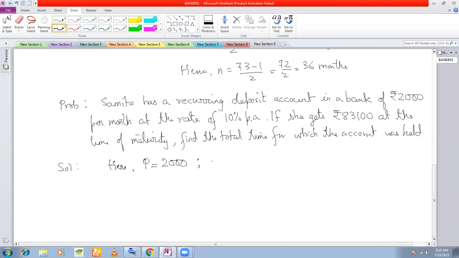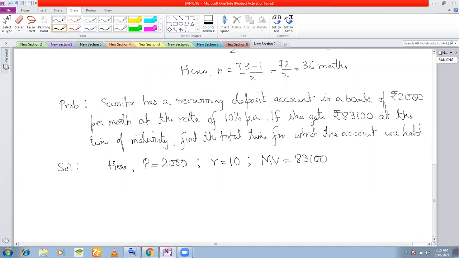That means she has invested this amount per month at the rate of 10%. If she gets 83,100 at the time of maturity, that means the maturity value. That means this 83,100 contains the principal that she deposited for so many days and also contains the interest. So 83,100.